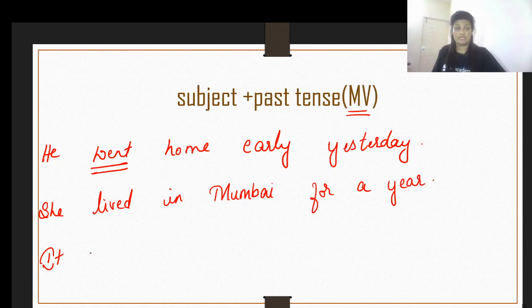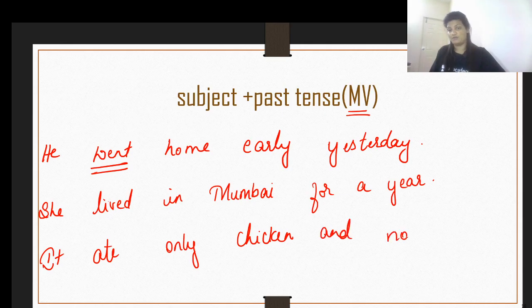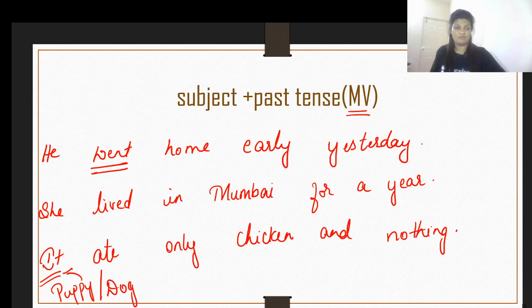Full stop. It ate only chicken and nothing. Well, it being referred to a puppy or a dog. The replacement, the pronoun of a puppy or a dog would be it.